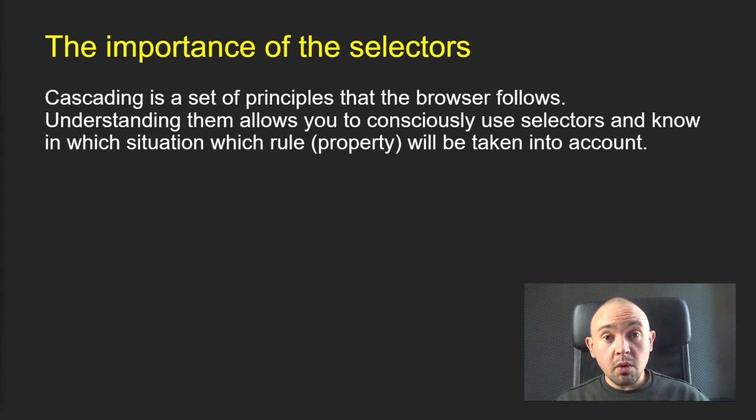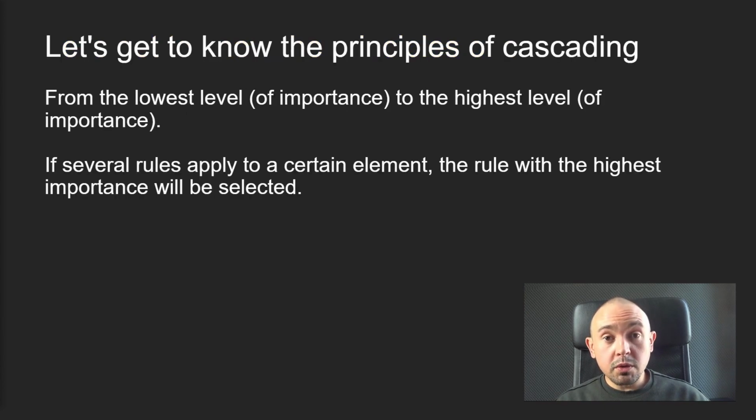We just need to know how does the browser do it. Let's get to know all the rules of cascading, from the lowest level of importance to the highest level of importance. The browser does it more or less in the same way. If several rules apply to a certain element, the rule with the highest importance will be selected. But let's start from the beginning.